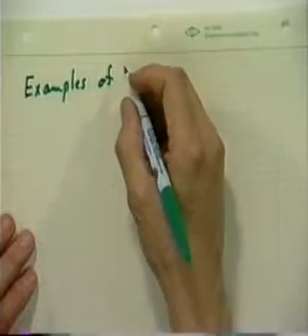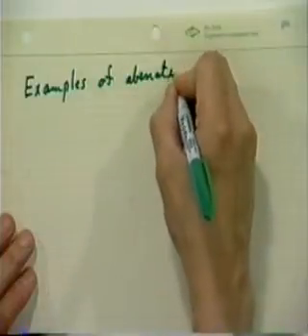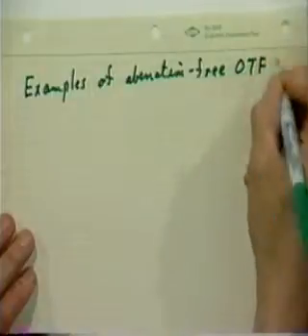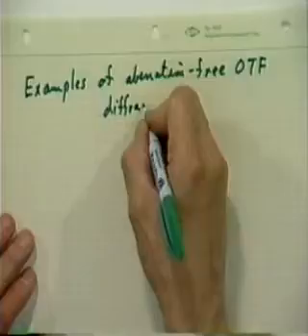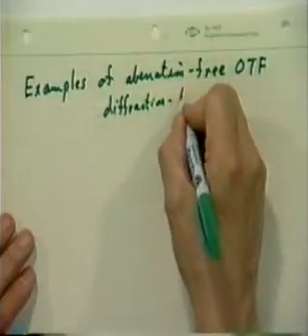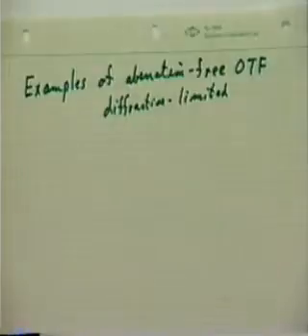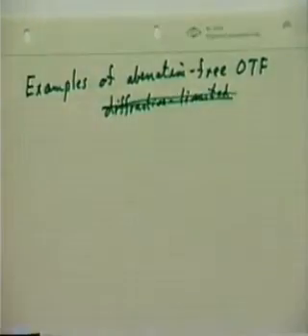But examples of aberration-free OTF. I mean, often people call this diffraction limited OTF, but I claim that everything is diffraction limited, so I don't want to call it that. I'll call it aberration free.